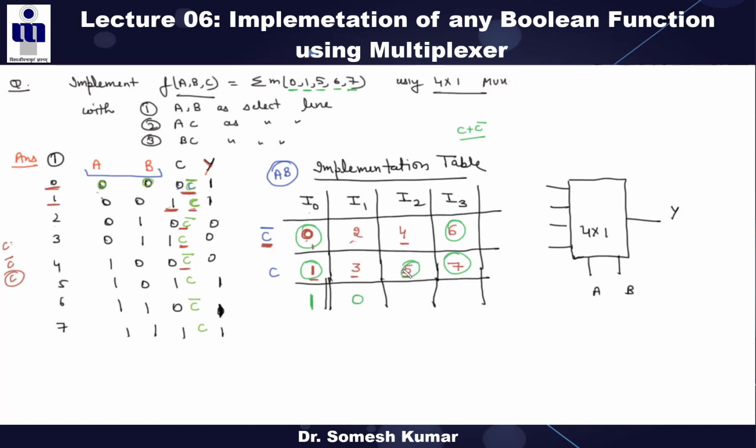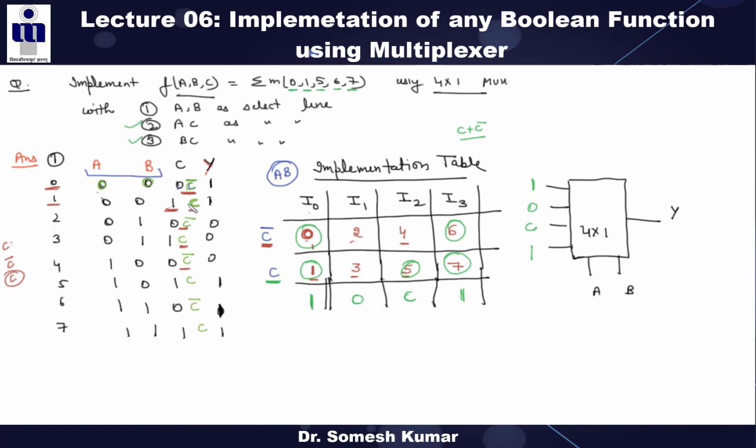If there is one circle, then you have to write in front of that variable, this is C. And if there are two circles, then you have to write 1. Now these are your inputs. See, in any case, suppose this circle is here, then here we will put the C bar. Understand? That we will do in the next example or the next part.